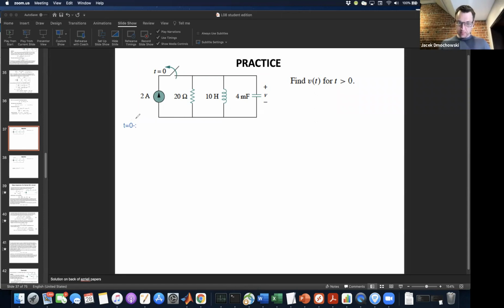Why? Because, well, it's just the current source and the switch, right? So the current source is here, because the switch doesn't happen until time equals 0. So right before the switch, we have a current source in parallel with a resistor, in parallel with an inductor.